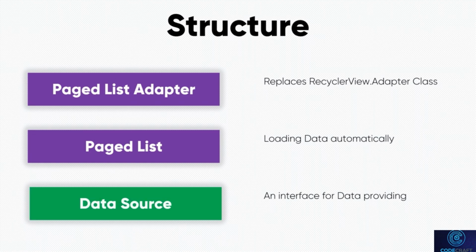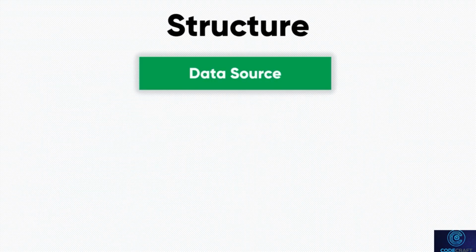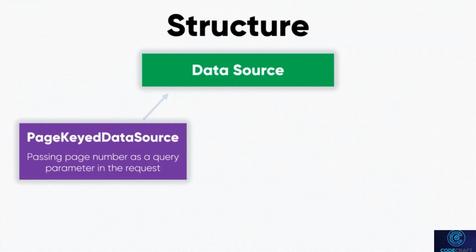So there is one note that we should mention, that all our concentration would be on the data source. And it's very important to understand that data source is divided into three parts or three types.